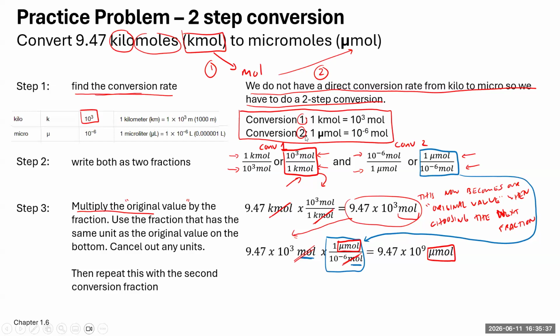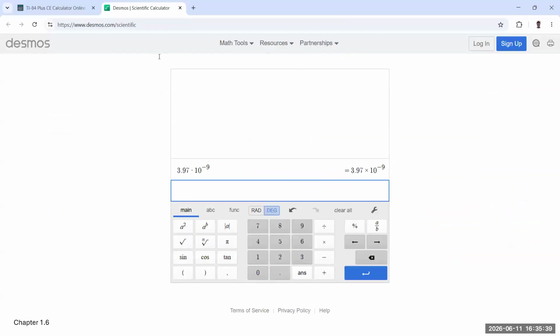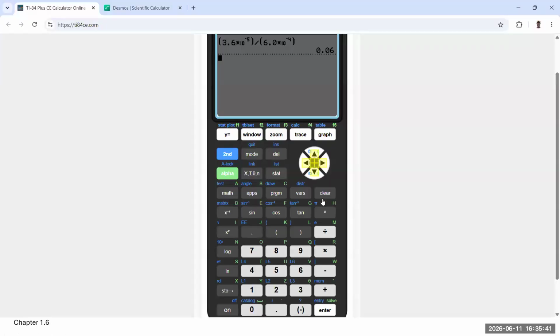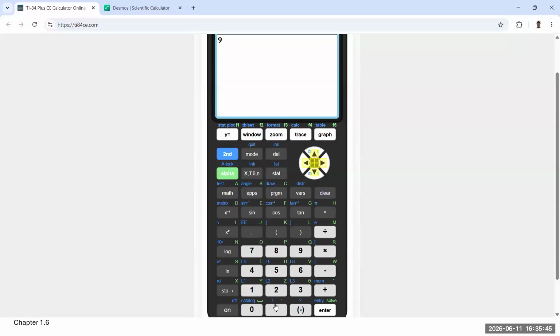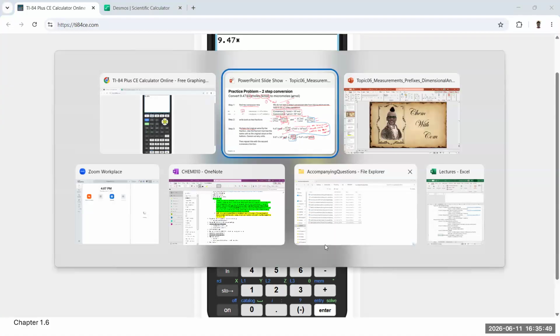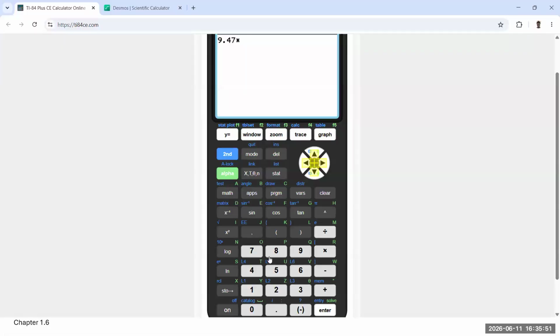Let's do some math here. Let's do this one now. Clear this. We'll do that first set of math. 9.47 times, and since I suggested this, let's do this, times 10, and then we're going to press that second button.